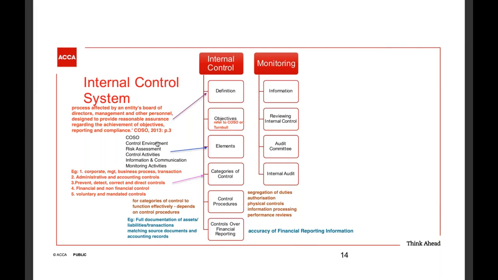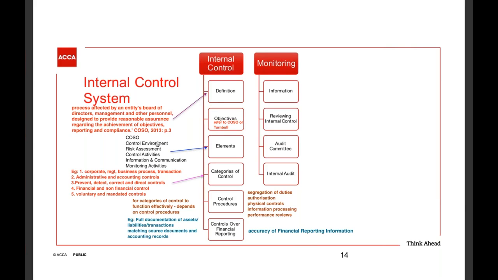The control environment is actually the tone of the organization. What it means is that it looks into how risk is being looked at and addressed by people in the organization. So it covers the risk appetite, and it also covers the integrity and ethical values, and the environment in which the organization is operating.